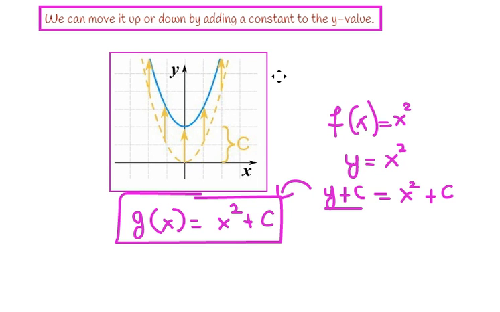Right now we are using a positive value for c, it can be x square plus 2. But if we want to move this graph down, it can be x square plus minus 2. You can add minus 2, which means you are moving the graph 2 units down.